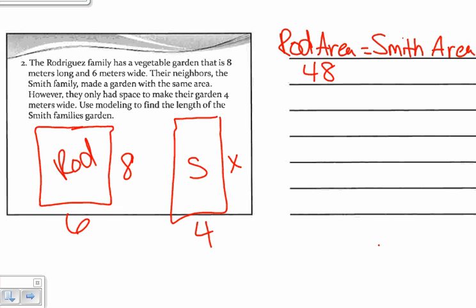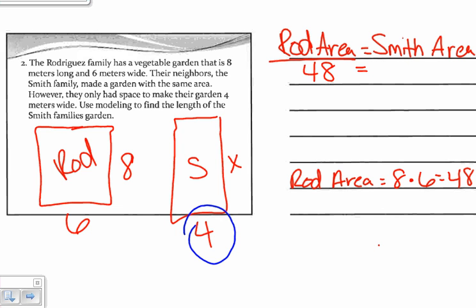So we know that the Rodriguez area is 48. Remember the work we did down here: 8 times 6 is 48. And I know that's going to equal the Smith area. The problem with the Smith area is that I only have my width. I don't have my length.